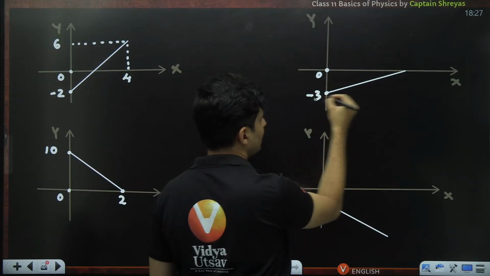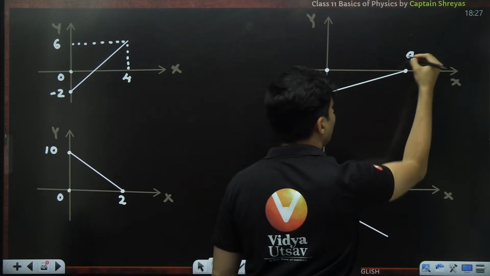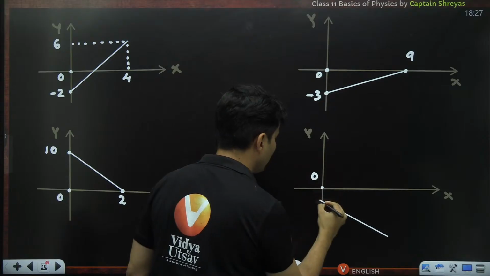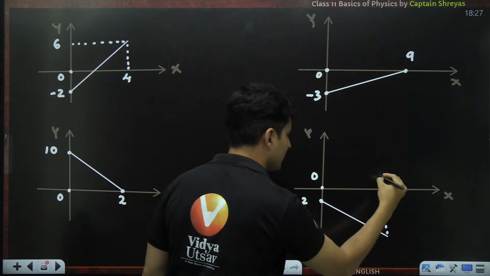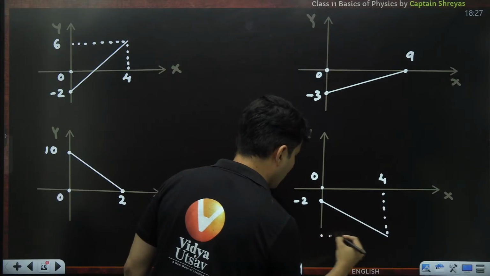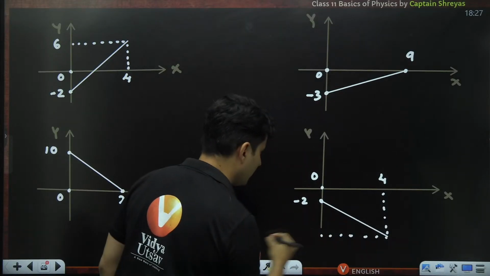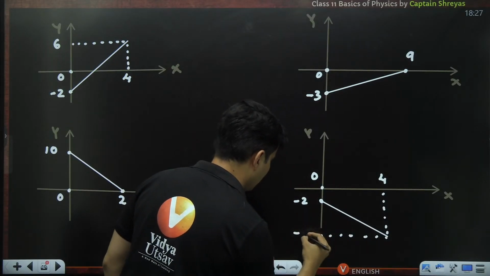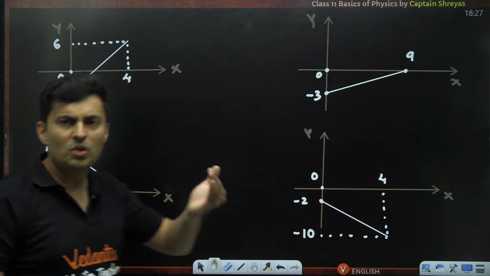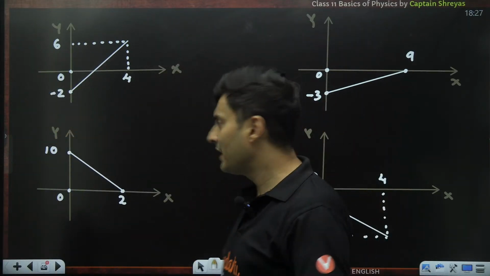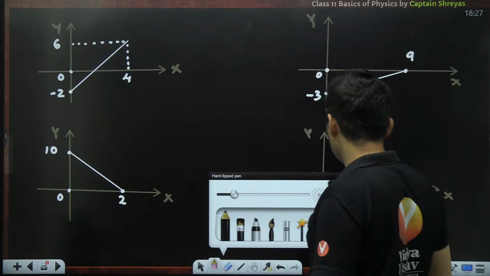Let's say this is -3. Let's say this is 9. This is 0, of course. Let's say this is -2. Let's say this is 4. And let's say this is -10. I have taken some random values and I want to find out the slope in every case. Let's try this out.